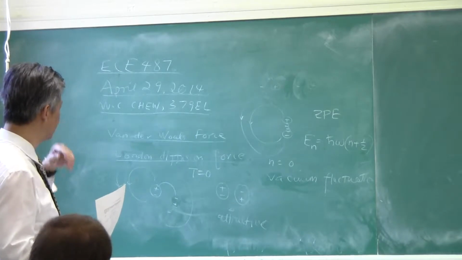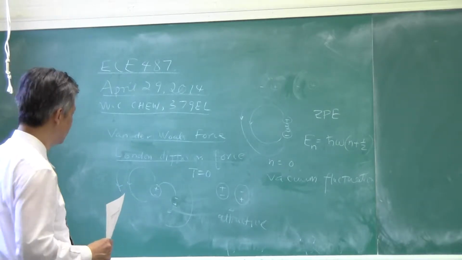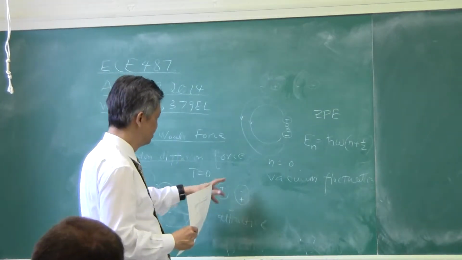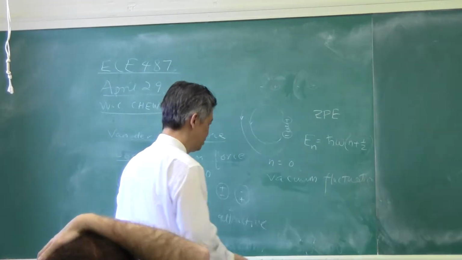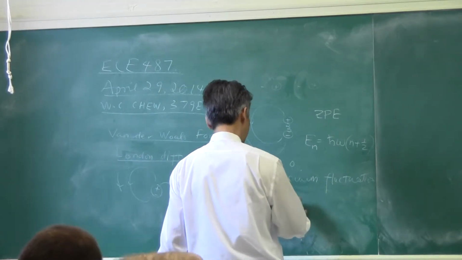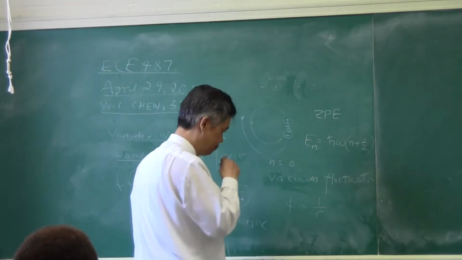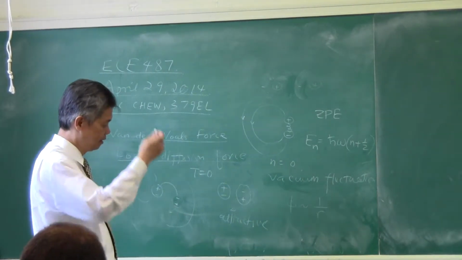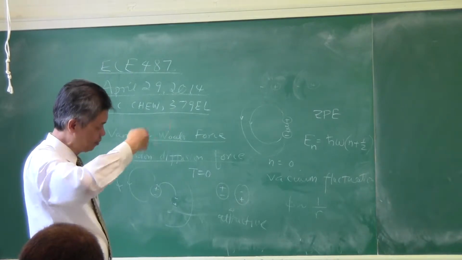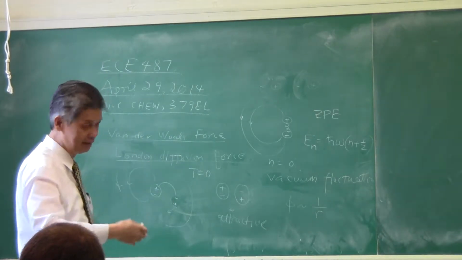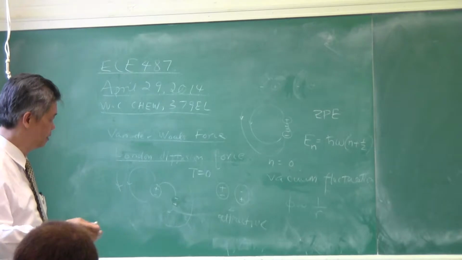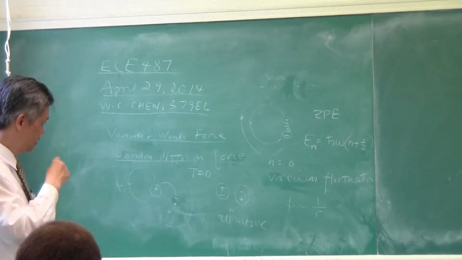This van der Waals force has been known to exist, and usually when people calculate this force, they use a very simple Green's function, assuming that the potential is proportional to 1 over r. 1 over r squared is a dipole, 1 over r is a monopole, 1 over r cubed is a multipole, and so on.